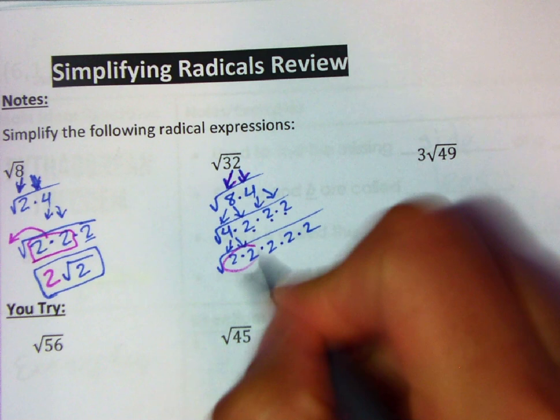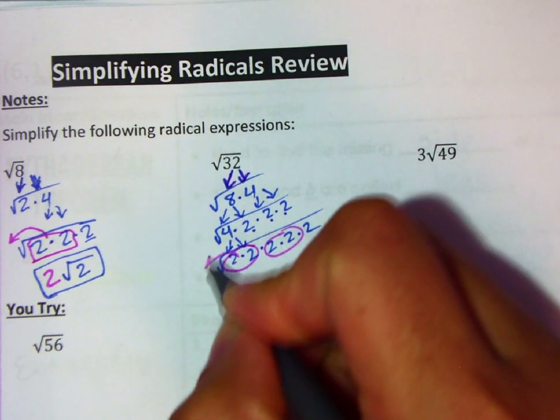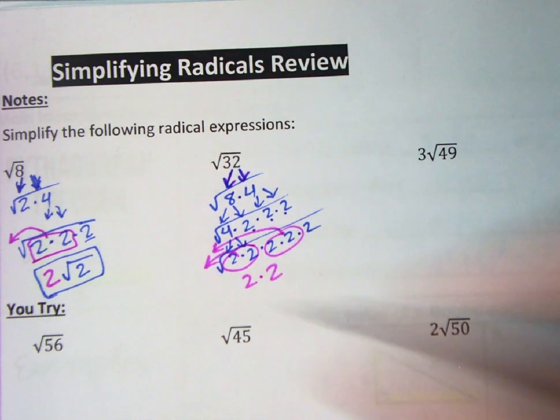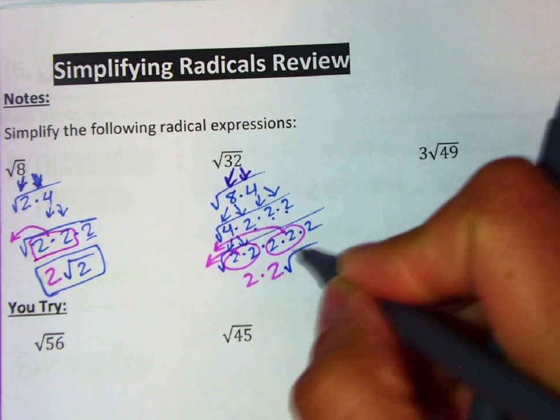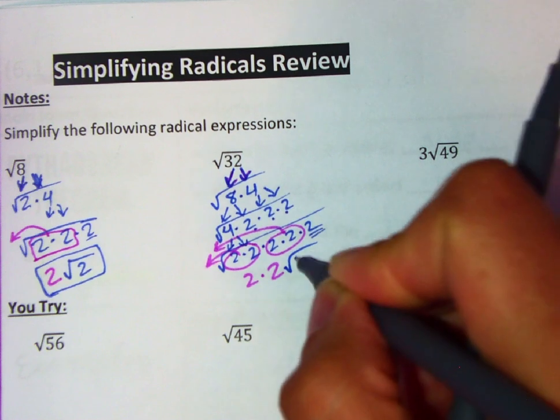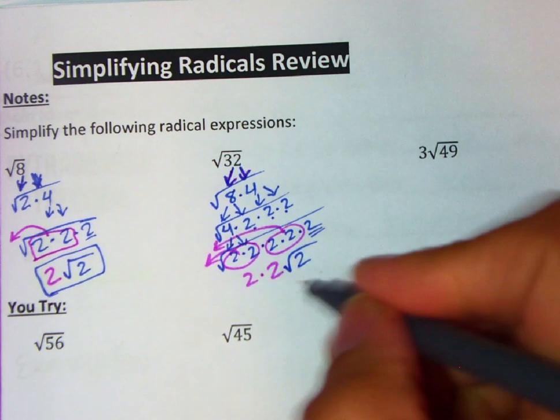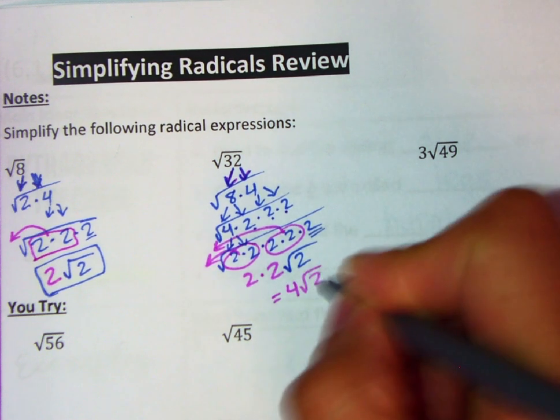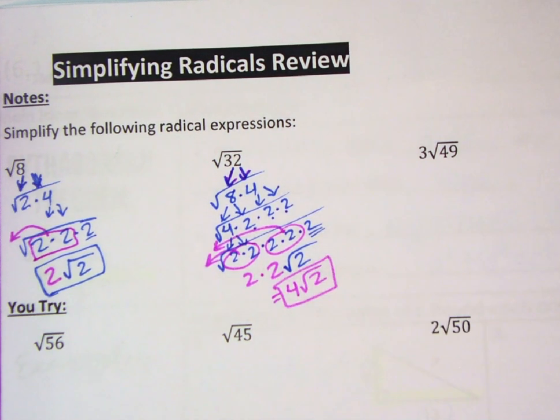Square root, you want pairs, so these are 2 pairs that we can take out. Every time you take out a pair, you write it on the outside 1 time. And then on the inside, we still have that 2 right there. So to finalize this answer, you will have a 4 for 2 times 2, and then the square root of 2 for that. That will be your answer.